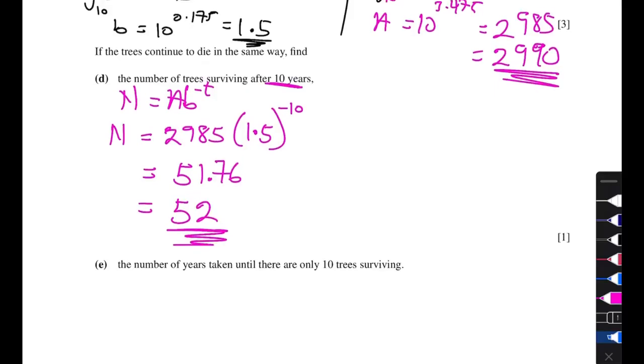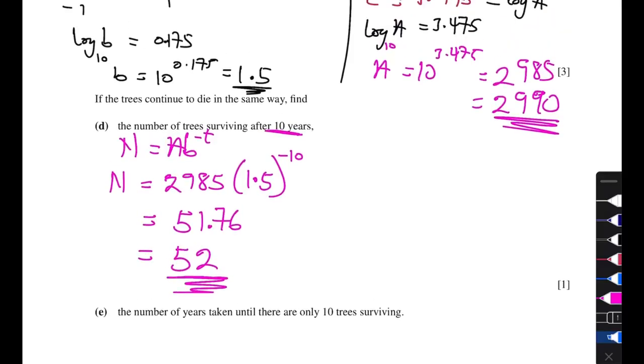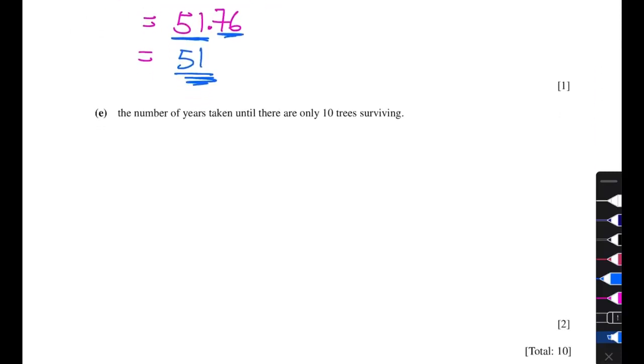But wait, hold on. If I write 52, we are committing a big error. These are trees, and the trees available in this case are actually 51. You cannot round up half of a tree to become a full tree. So just leave your answer as 51. It's better that way.